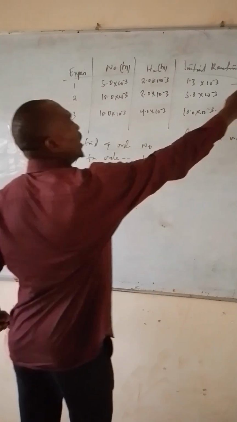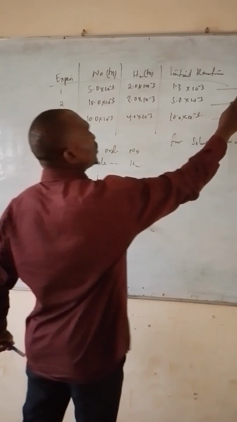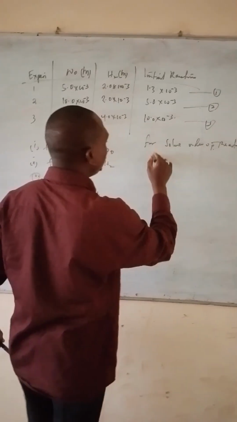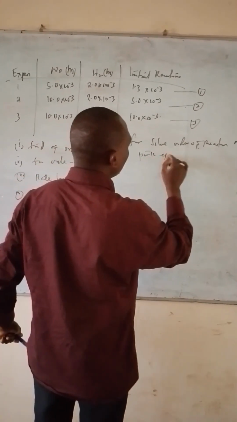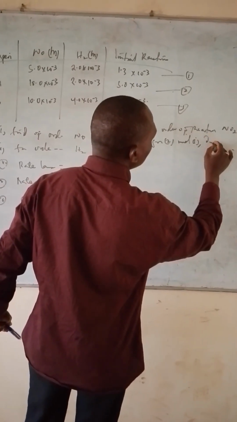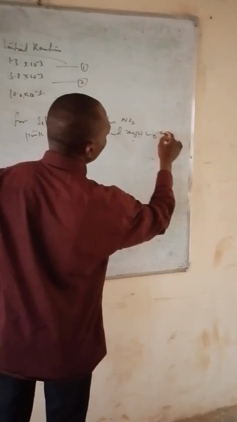If you observe equation 1 and you divide the highest by the lowest, the highest is 10. So you pick equation 2 and equation 1, and divide equation 2 by equation 1.